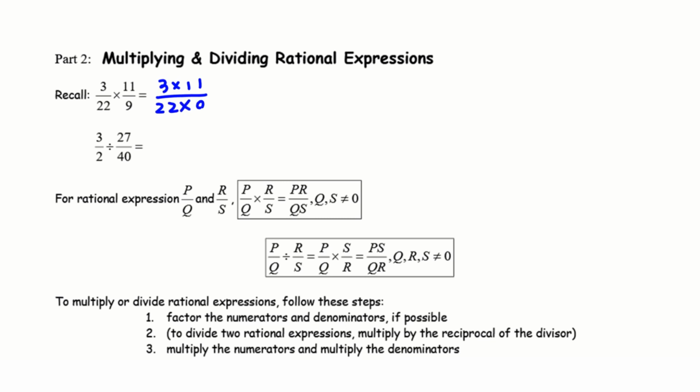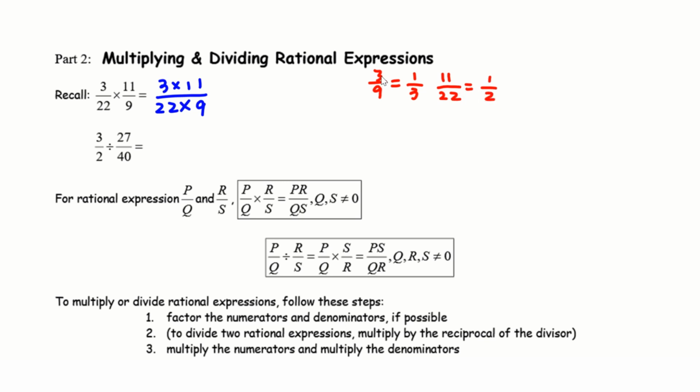After that, we are going to find the common factors. So 3 over 9, 11 over 22. From your calculator, 3 over 9 gives you 1 over 3 as the lowest form, and 11 over 22 gives you 1 over 2.